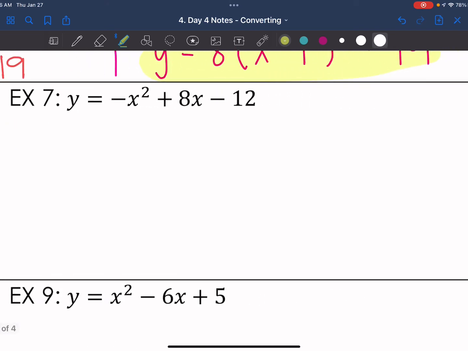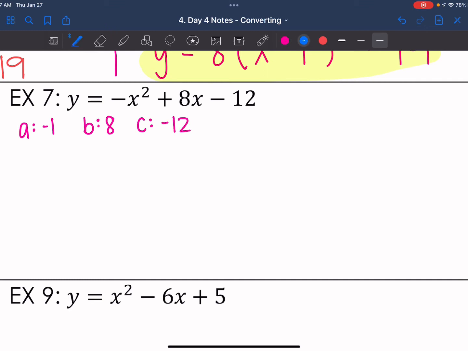Moving on to number 7. We'll start out the same way again, where we'll find our a, b, and c. My a value is -1, my b value is 8, and my c value is -12.